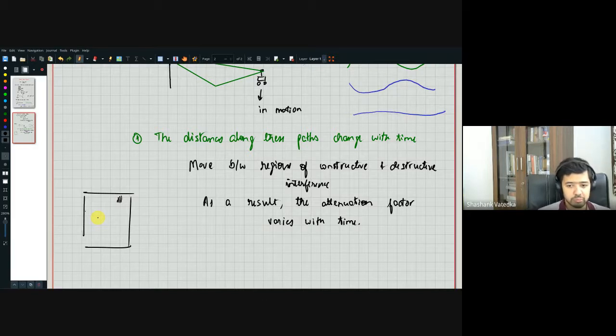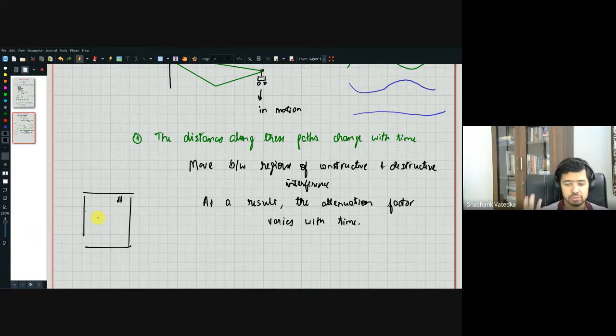Maybe at some point, if you keep your phone there, you'll have 2 bars of reception. But then just by moving it a little bit, those 2 bars could jump to 3 bars or 4 bars. And when you're speaking on the phone, if you're walking as you keep speaking, you will notice that sometimes all of a sudden the signal drops.